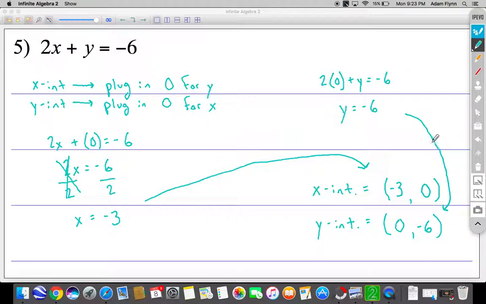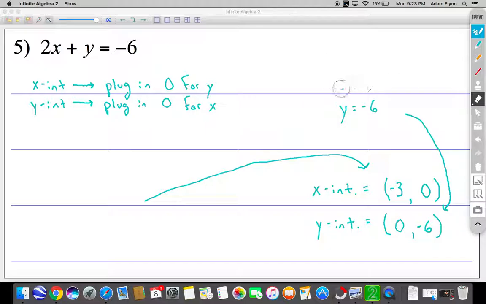So this line crosses the y-axis at the point 0, negative 6. I'll erase, and we're moving on.